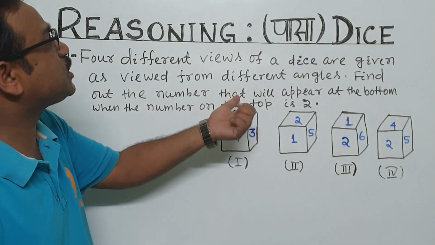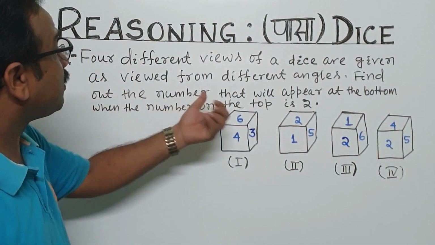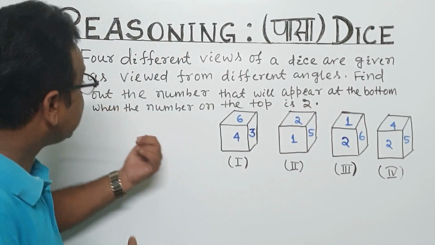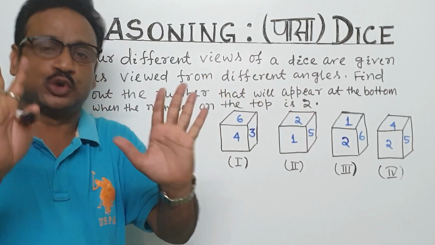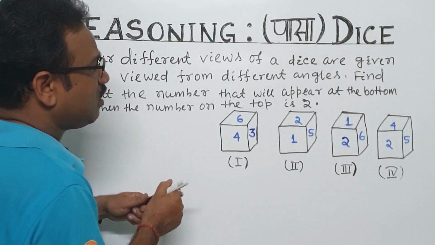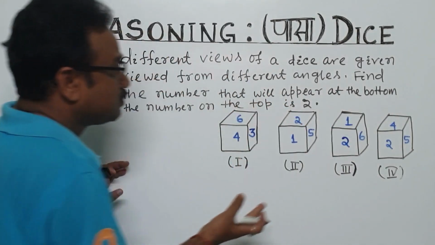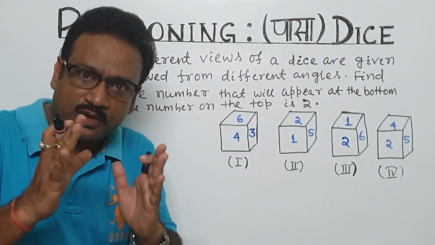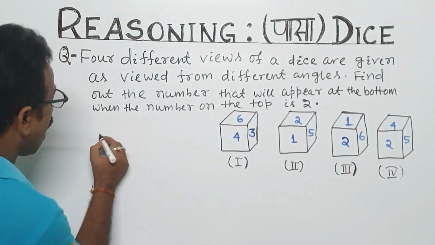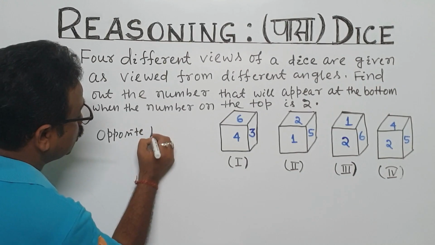Four different views of a dice are given as viewed from different angles. Find out the number that will appear at the bottom when the number on the top is 2. So four figures are given, viewed at different angles. 2 is at the top. The number at the bottom means opposite to 2.